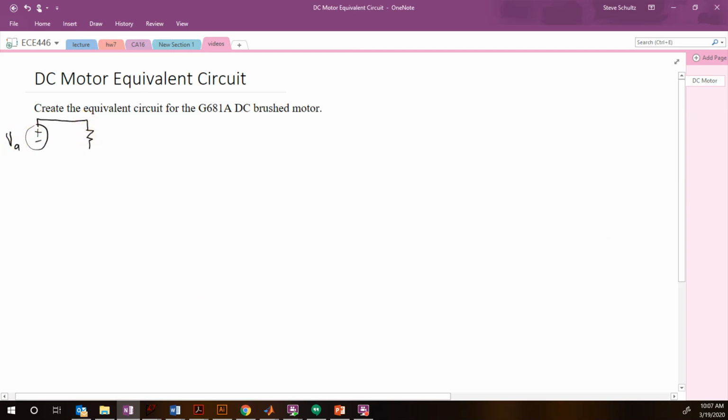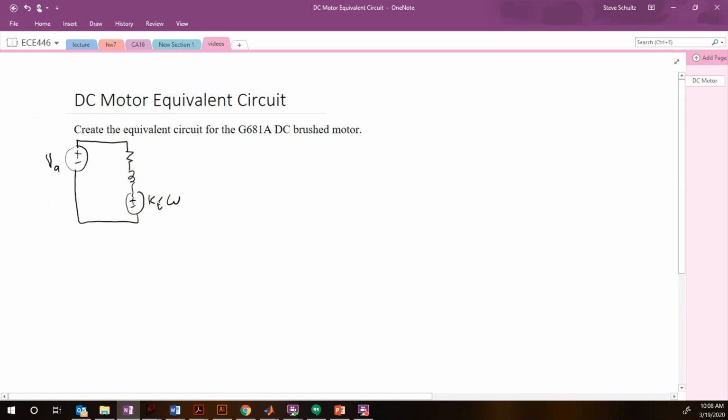It has an equivalent series resistance, an inductance, and a back EMF. And so then this is going to be KE times omega. This is going to be L. And so these are the parameters that we're trying to get.